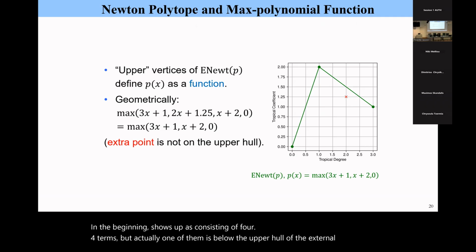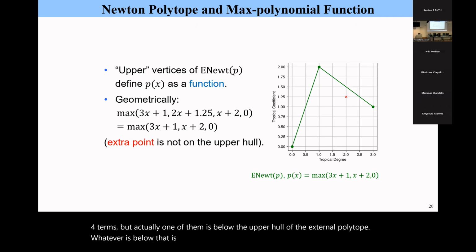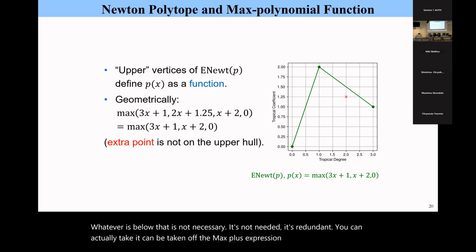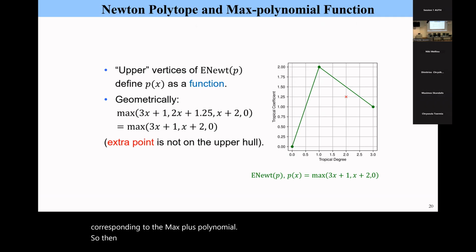Whatever is below that is not needed, it's redundant. It can be taken off the max-plus expression without altering the function corresponding to the max-plus polynomial. So then only the vertices of the upper hull count.